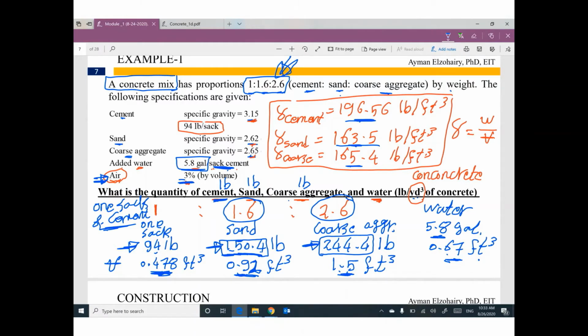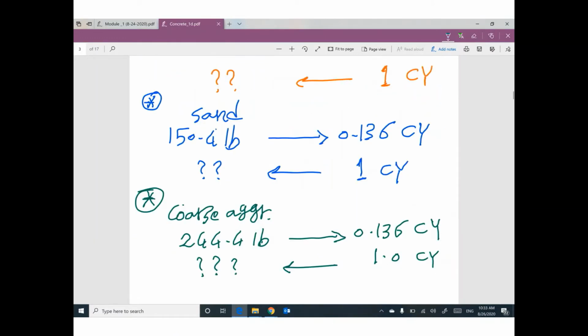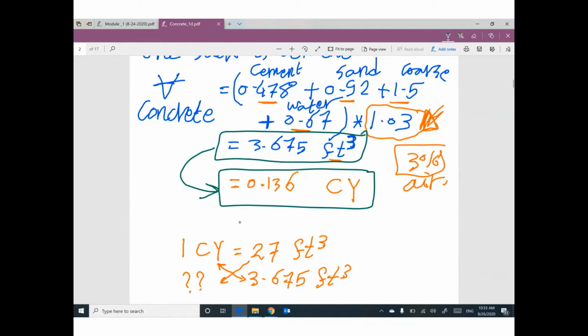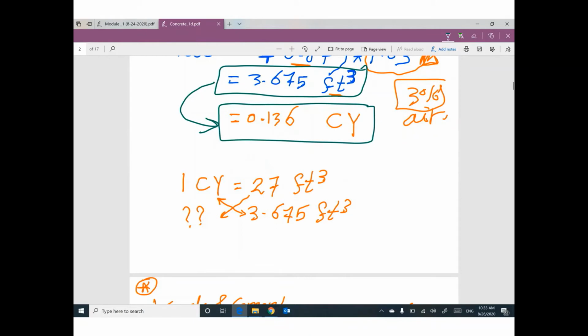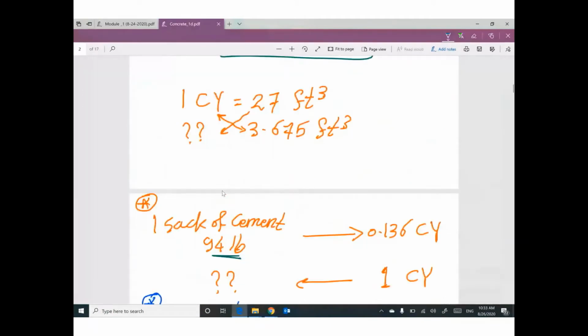That means these weights will create this volume of concrete, but I converted it to cubic yard. So this weight of cement, 94 pounds, will create this volume of cubic yard.